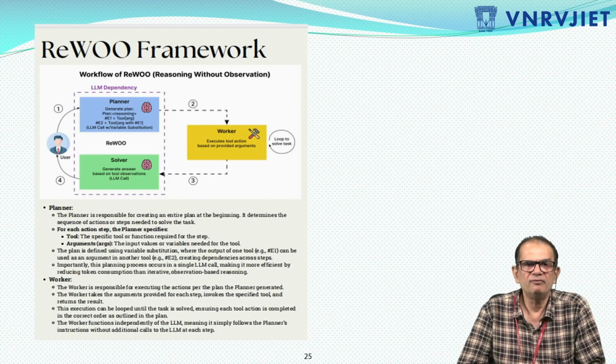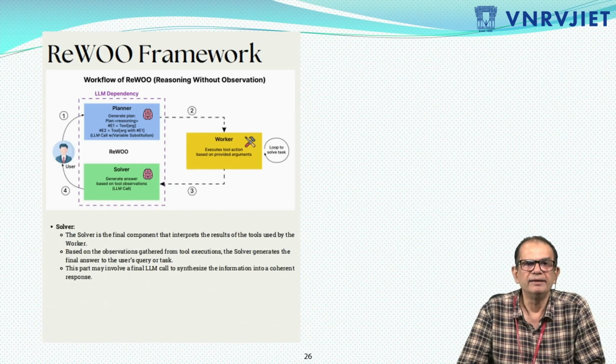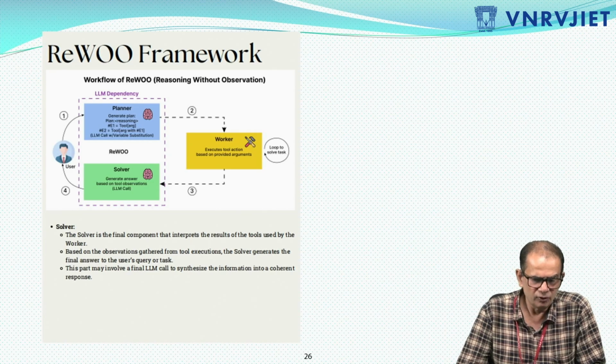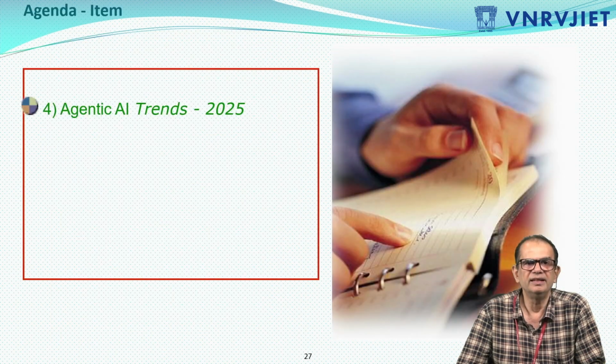So this framework could also be followed in case of agentic AI. Okay, some more diagrams for the review framework, and as you can see, he has done the reasoning, and then subsequently he has done the work. There is no observation in this case.